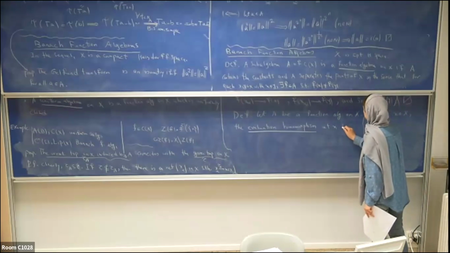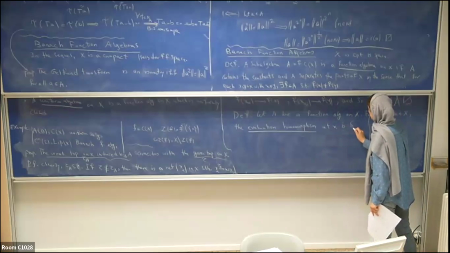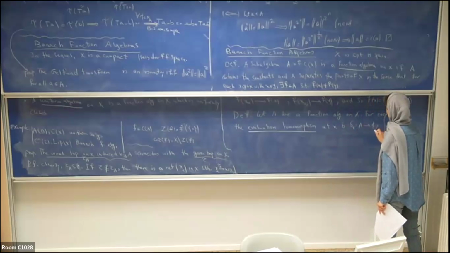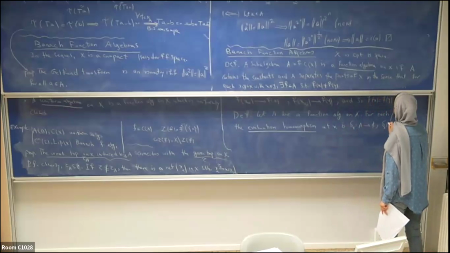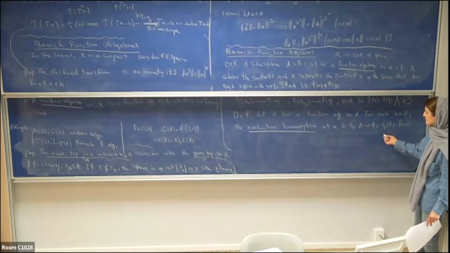It is this map, delta_x from A to C. We take delta_x of f to f(x). Because we have pointwise operations, it's clear that it is a homomorphism.